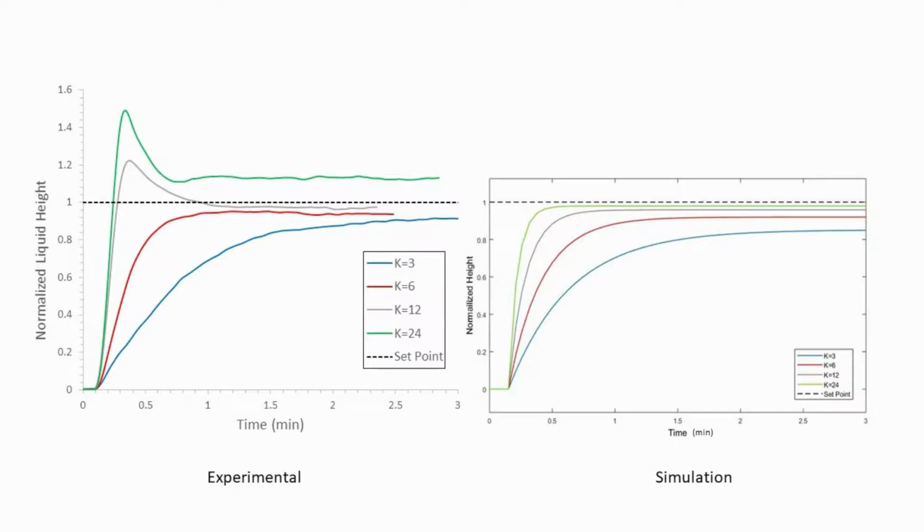This is very different from what is seen in the experimental case pictured on the left, which shows approximately a 20% and a 50% overshoot for the controller gain values of 12 and 24% valve opening per inch, respectively.